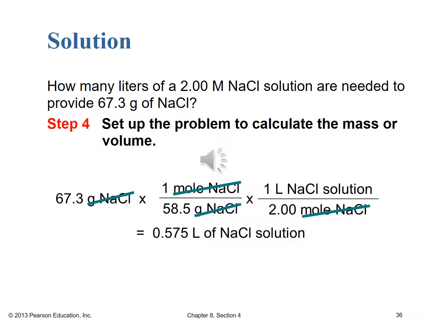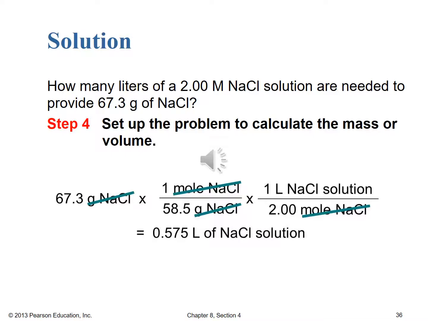All right, so finally now in step 4, we can set the problem up in a dimensional analysis scheme that will allow us to cancel units and arrive at the desired volume of NaCl solution. So in this case, we start with that 67.3 grams of NaCl. We'll multiply through by the molar mass, where we have the form 1 mole of NaCl per 58.5 grams of NaCl. So now grams of NaCl is canceled.